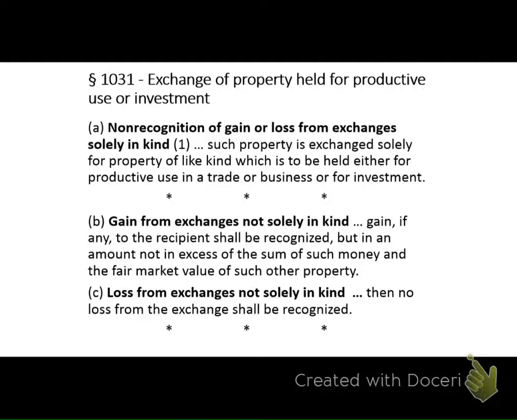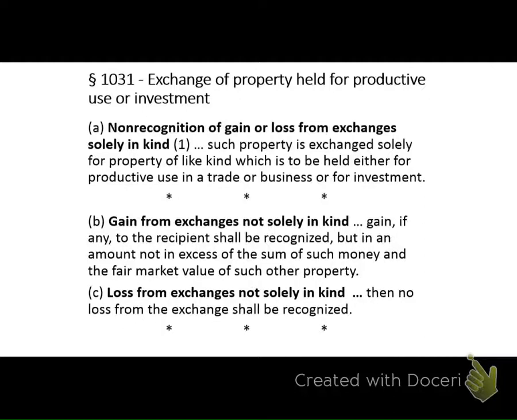So we look at whether the properties that are exchanged are like-kind, and then we look at each party, and we look at whether party A was using the property for productive use in a trade or business before the exchange, and is using the new property after the exchange for productive use in a trade or business or investment.